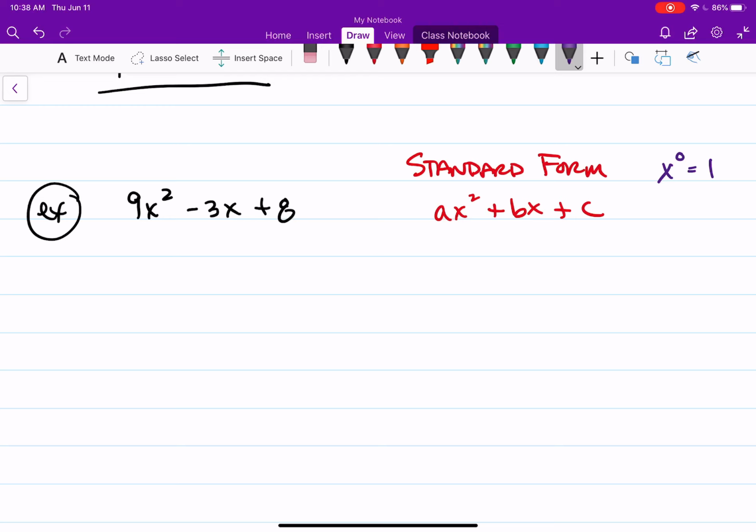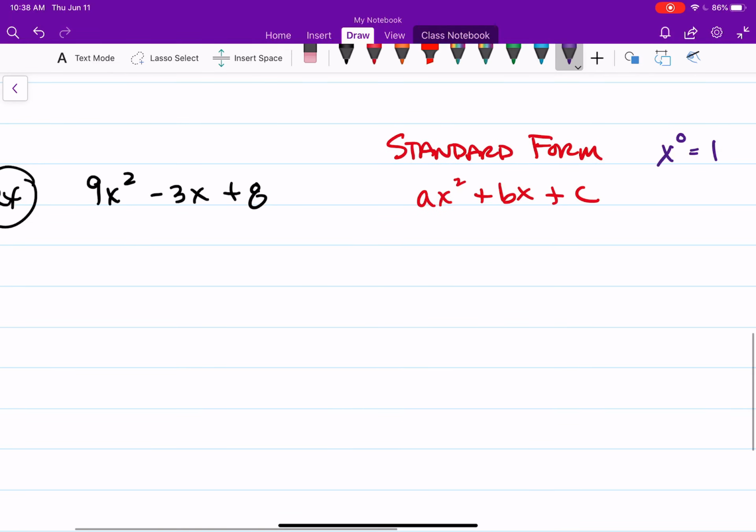All right, and we wouldn't write that. So I guess I would do it this way. How about if I put it this way? ax squared plus bx to the first plus c times x to the 0.